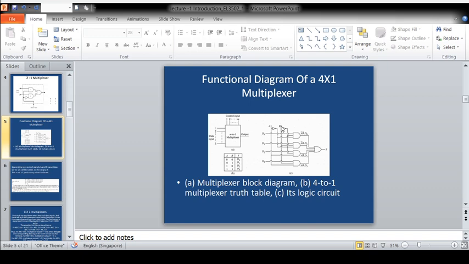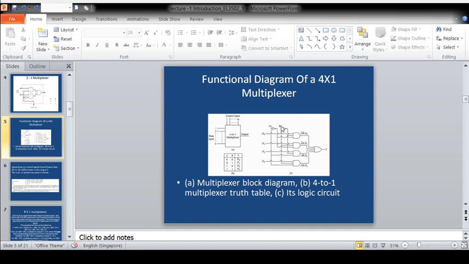How many inputs does the OR gate need? A 4 input OR gate is required. The output of each AND gate is connected as input to the OR gate. There will be 2 select inputs, or control signals, so 2 raised to 2, that is 4 inputs are possible, which are D0, D1, D2 and D3.